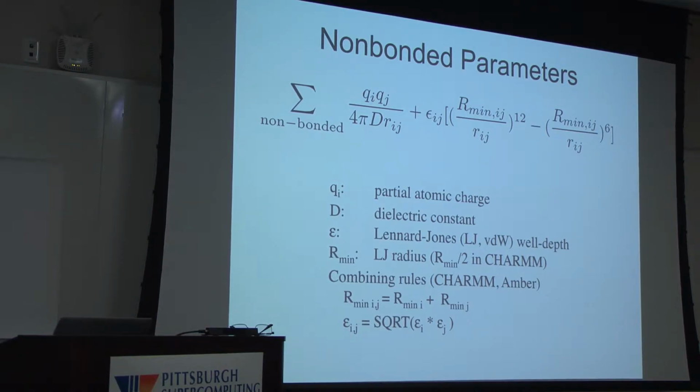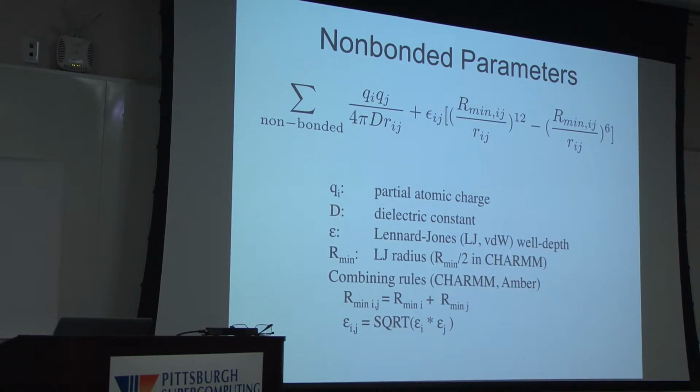This is R. So this is the position of your R0 or R min, at which you have the minimum energy interaction, and the depth of this is determined by epsilon ij.